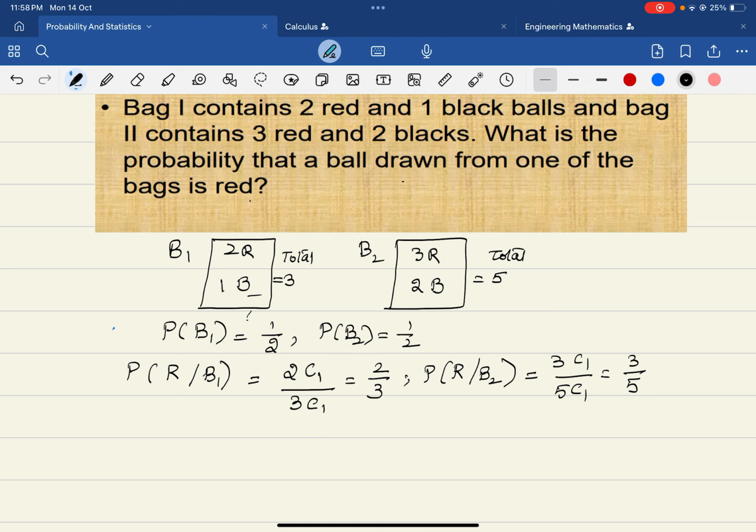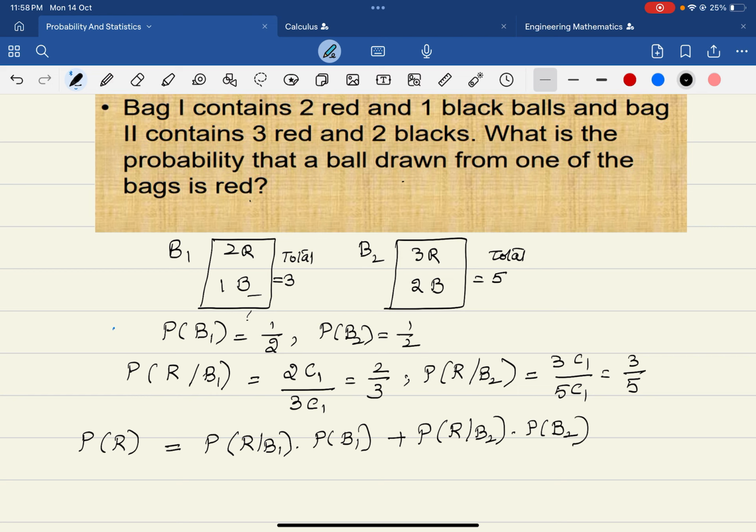Now, I want the red ball. I am not bothered about whether it is from bag 1 or from bag 2. As I told you, if it is from bag 1, then it is R given B1 multiplied by the probability of B1, plus, if the red ball is selected from B2, then multiplied by the probability of B2.